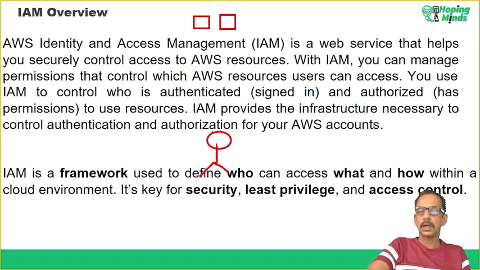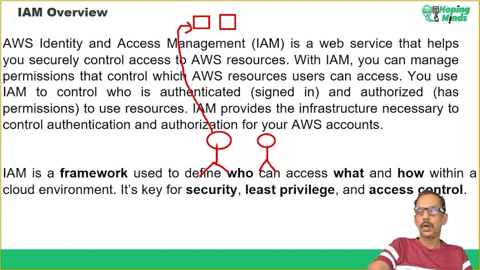One person controls S3, and in S3 also we can give read-only permission or listing permission. And one person can create and delete buckets. Similarly for S3 also, who can do what?